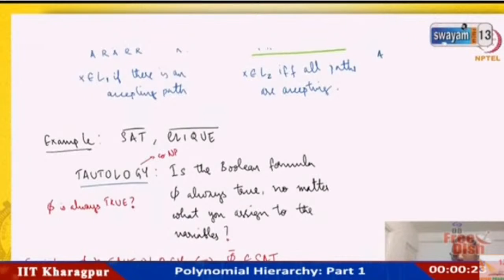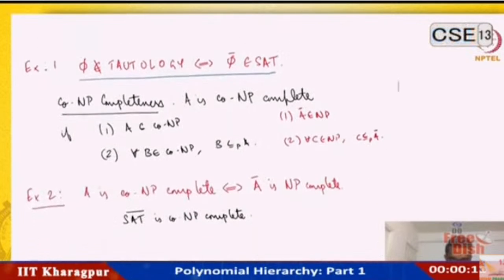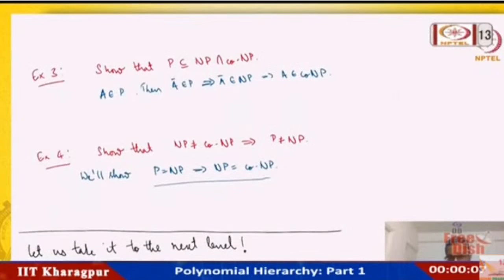Examples of languages in CoNP are the complements of languages in NP: SAT complement, clique complement, and another language, tautology. Tautology is kind of like SAT complement, just by flipping the yes and no. Then we defined CoNP completeness and saw some examples. With that, I will stop this small lecture. Thank you.